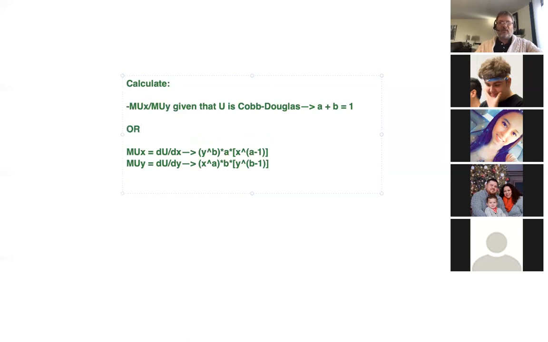Or, right, that A minus 1 is equal to minus B, and B minus 1 is equal to minus A. So do you see how that is helpful?